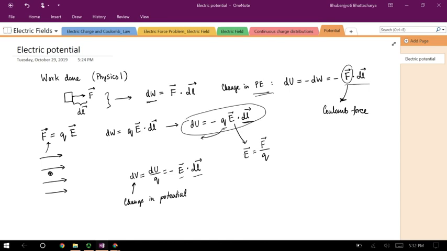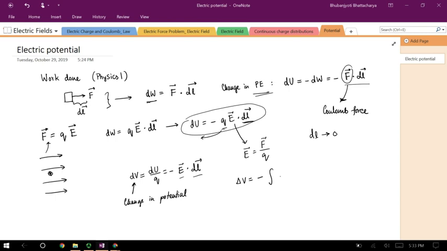Now these are tiny little changes. Those d's tell you that we're going to take the limit that dl goes to 0 eventually, which means that if I wanted to find a finite change in potential, delta V, I have to add up all the dV's.